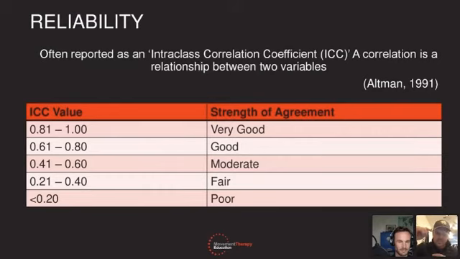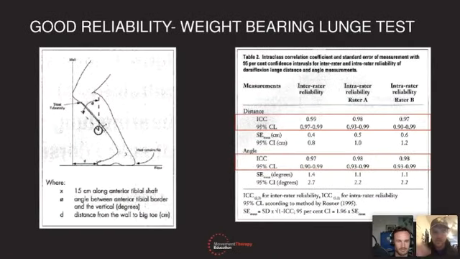So if we had Rob and Dan doing a test and they did it again and again and again, and they kept on getting the same results, that would be a very good test. That would have a high ICC value between 0.81 and 1. So we would consider that to be a good, reliable test.